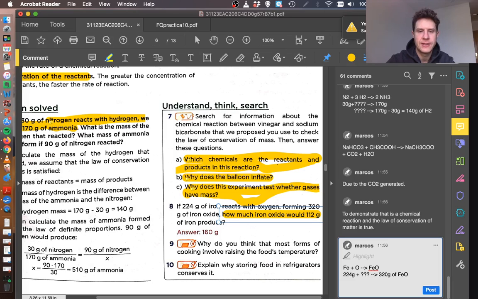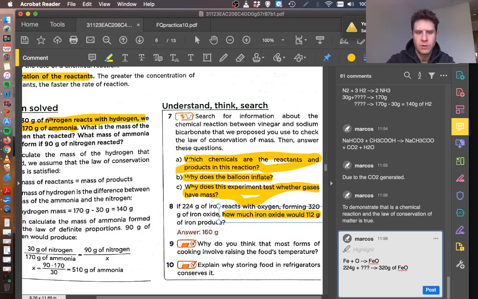Then how much iron oxide would 112 grams of iron produce? So if we have 112 grams plus the weight of the oxygen, we don't know how many grams of iron oxide we will produce.